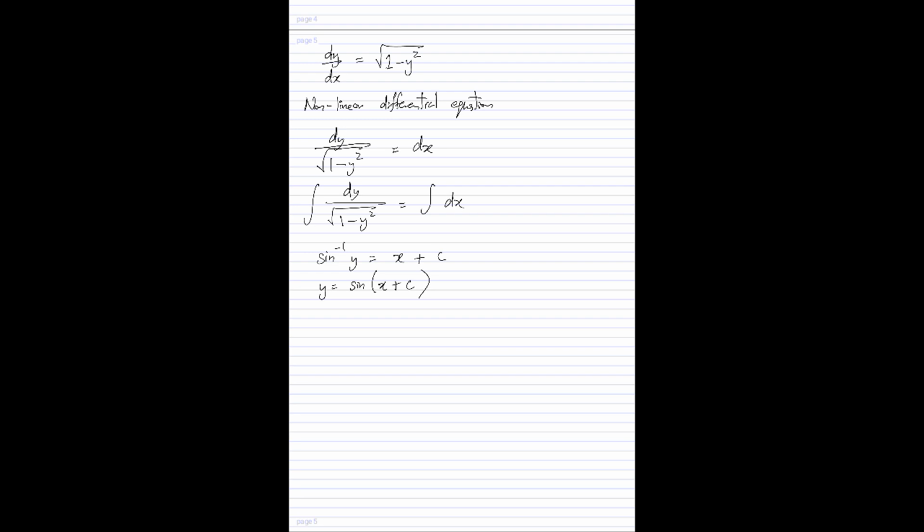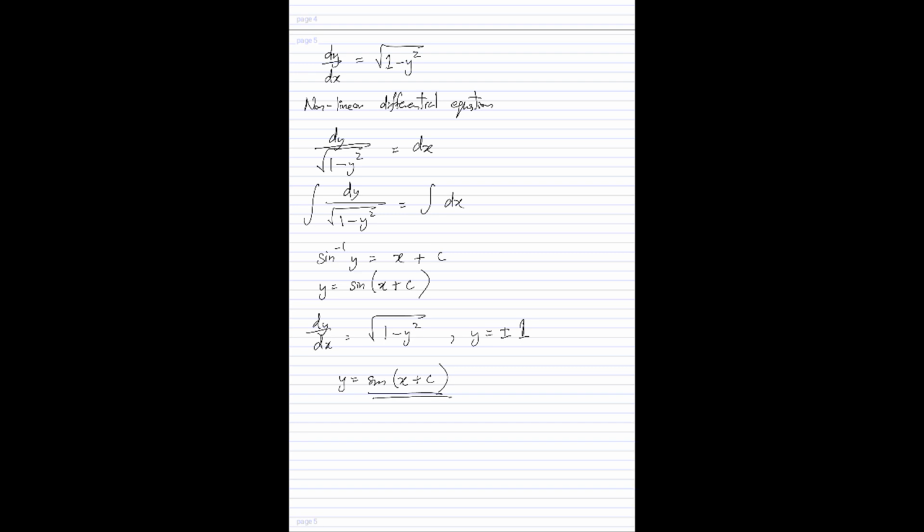So for example, going back to the differential equation, it is obvious that y is equal to plus minus 1 is a solution of this differential equation. But that is not captured by y is equal to sine of x plus c. Y equal to plus minus 1 means that for all values of x, y is either equal to plus 1 or minus 1, but this is not going to be true for this solution.